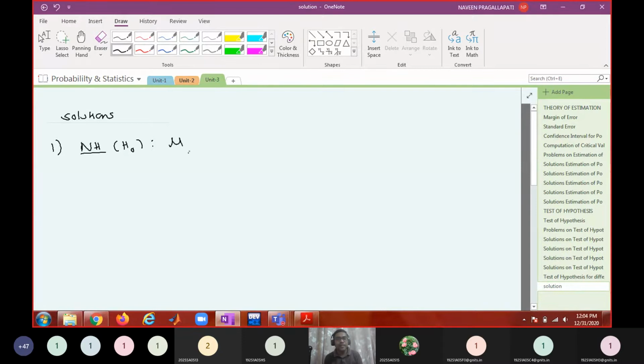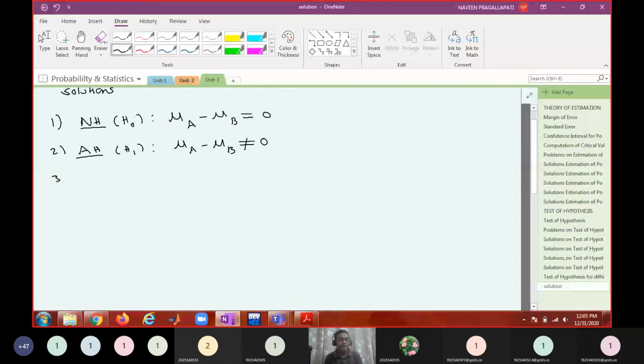That means mu A minus mu B equal to 0. Against the alternate hypothesis, there is a significant difference. That means mu A minus mu B not equal to 0. Because I have written not equal to, what test do I have to apply? Two-tailed test.